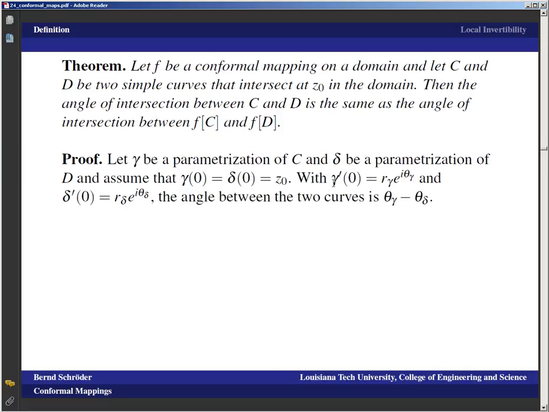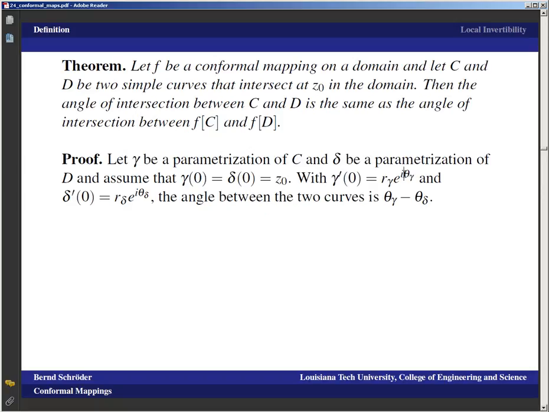And well, then if we write gamma prime of 0 in its polar representation as r gamma e to the i theta gamma, and if we write delta prime of 0 in its polar representation as r delta e to the i theta delta, then the angle between the two curves is theta gamma minus theta delta.